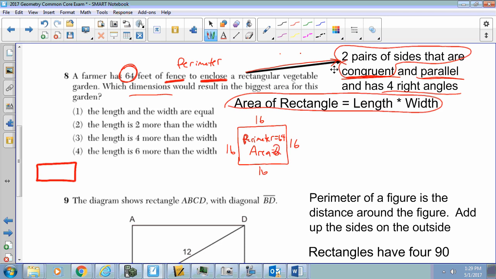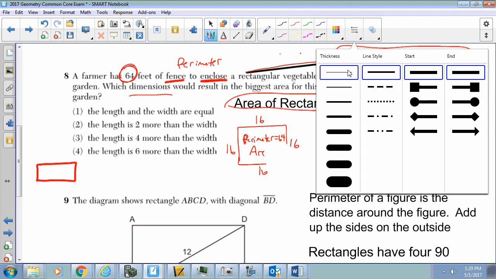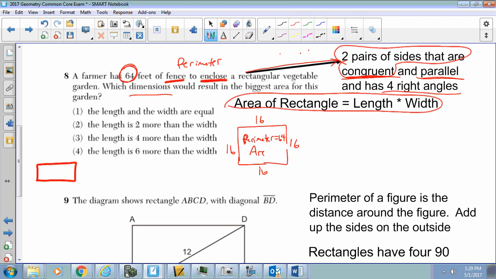But it would be 256. All right? And let me erase this a little bit, make it a little neater here. And these will not be drawn to scale. All right, so the perimeter is 64, and the area is 256.